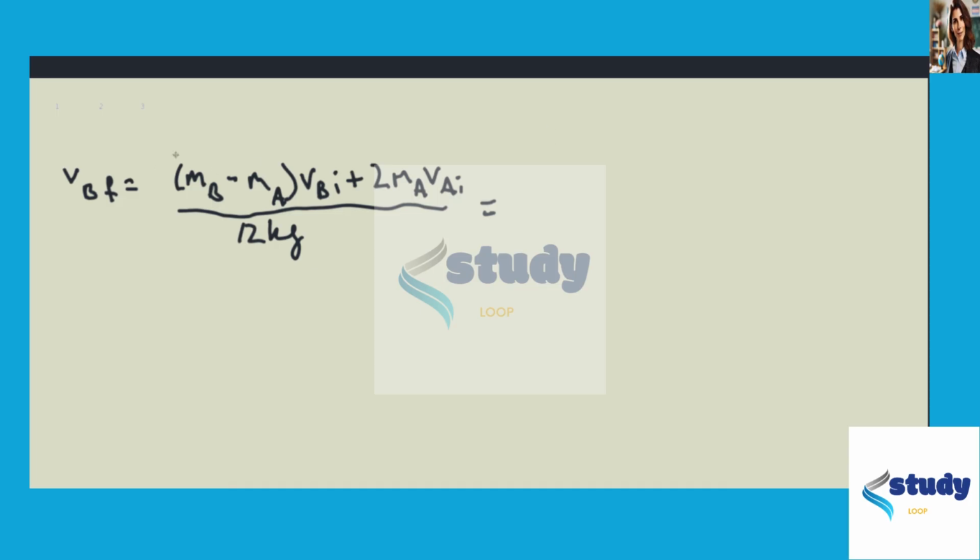So if MA minus MB was -8 kilograms, then this is going to be +8 kilograms. B was initially going at -1/2 meter per second.